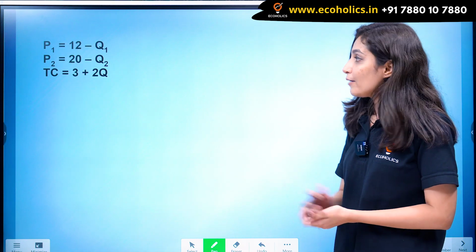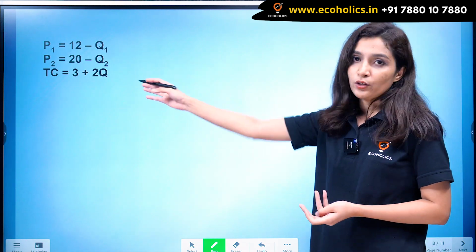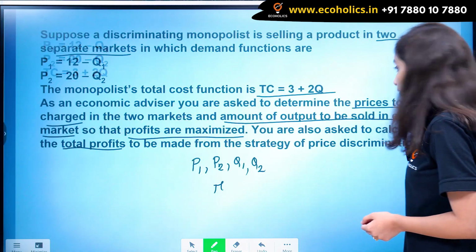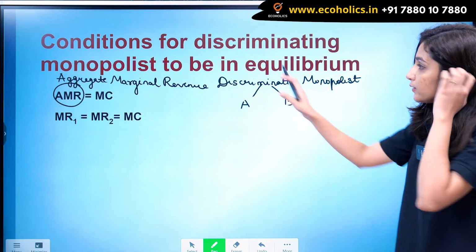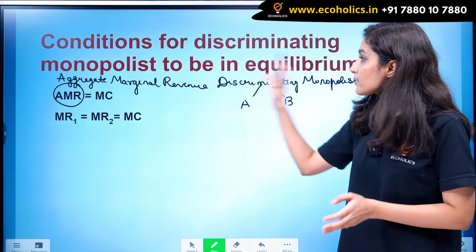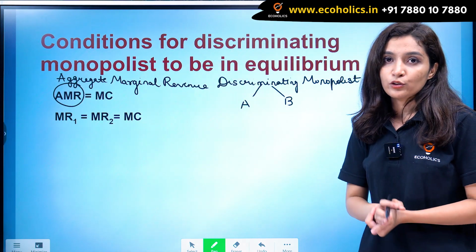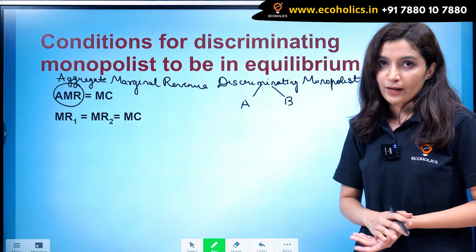So we have the demand functions and our total cost function. Now we know that there are two conditions. These are the conditions for a discriminating monopoly to be in equilibrium, and these are also the conditions for profit maximization.